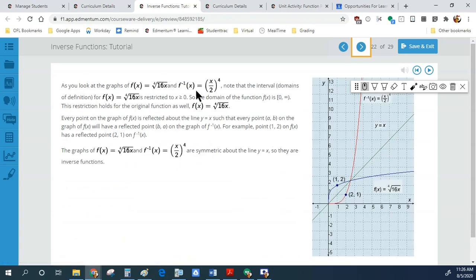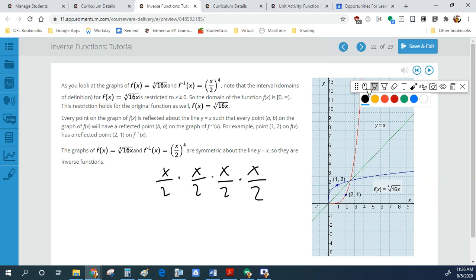This next one is just showing us the graph side by side to prove that it works that way. Again, if you just put it as x to the fourth over 16, it's going to work out. The reason is, think of it logically: 2 times 2 is 4, 2 times 2 is 4, so you get x to the fourth over 16. So they're just being extra. You don't have to worry about it. If you want to do it, go for it.